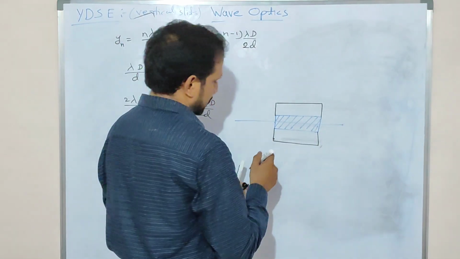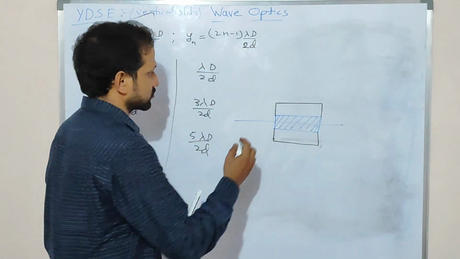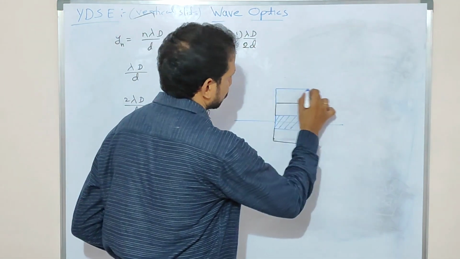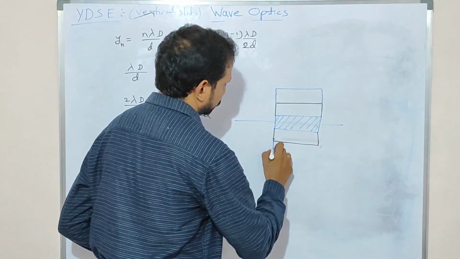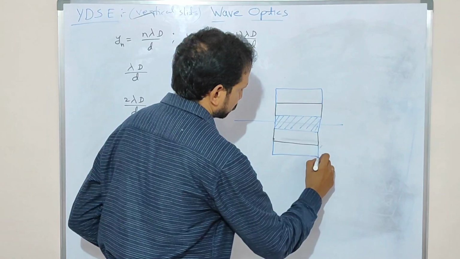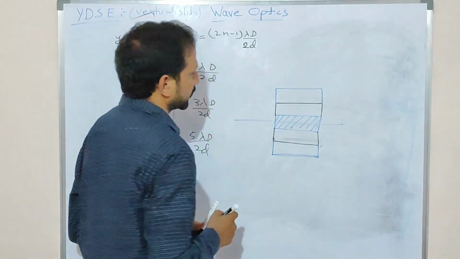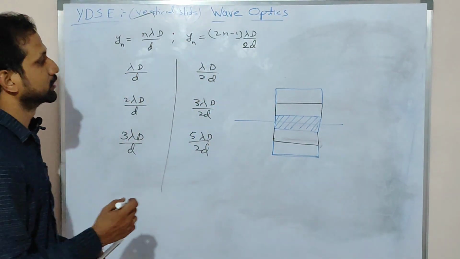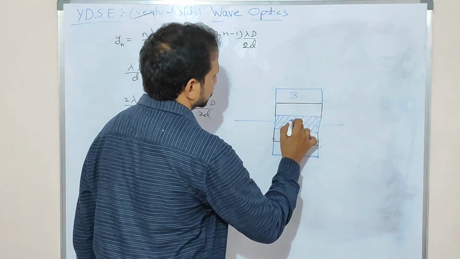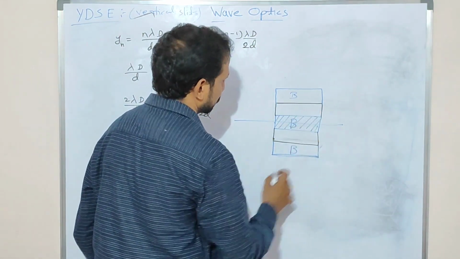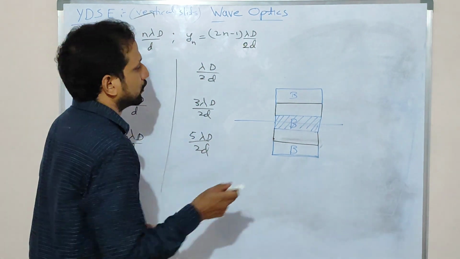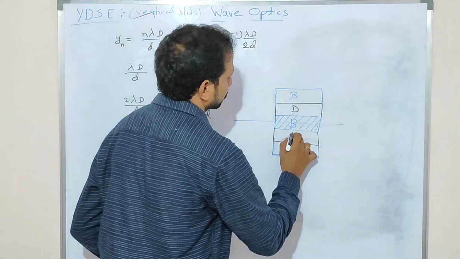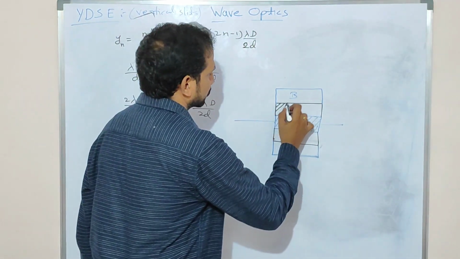Then after the dark fringe, a bright fringe should form. Similarly it will go on, like this is bright, bright, bright, and this is going to be dark, dark.